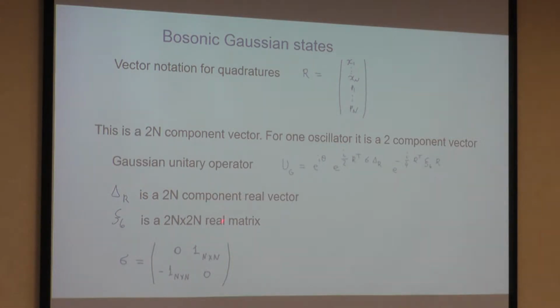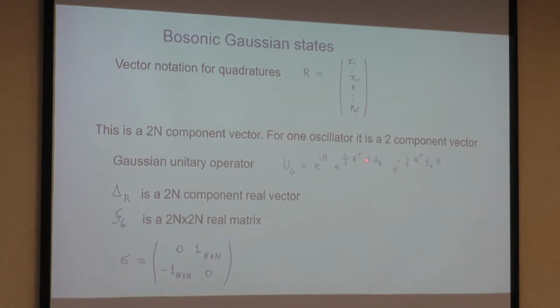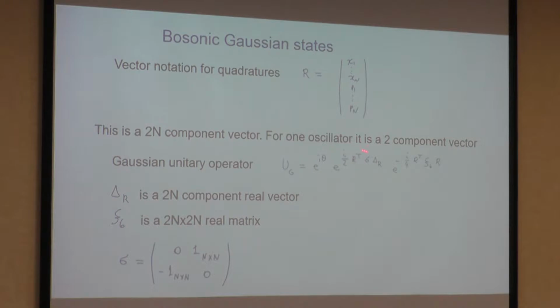And then we said, we can construct a Gaussian unitary operator. And you can see that it has the same structure. There is a piece which looks like the exponent of something linear in the bosonic operators, in x and p, which is the same as a linear superposition of creation and annihilation operators. And a piece which is quadratic in the bosonic creation and annihilation operators.